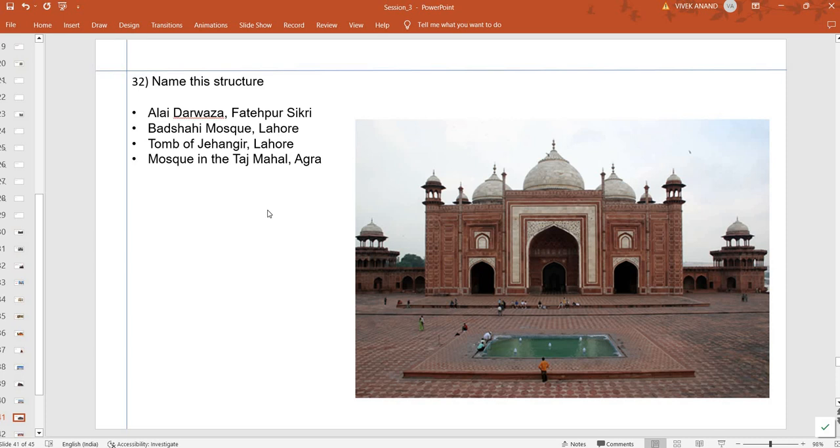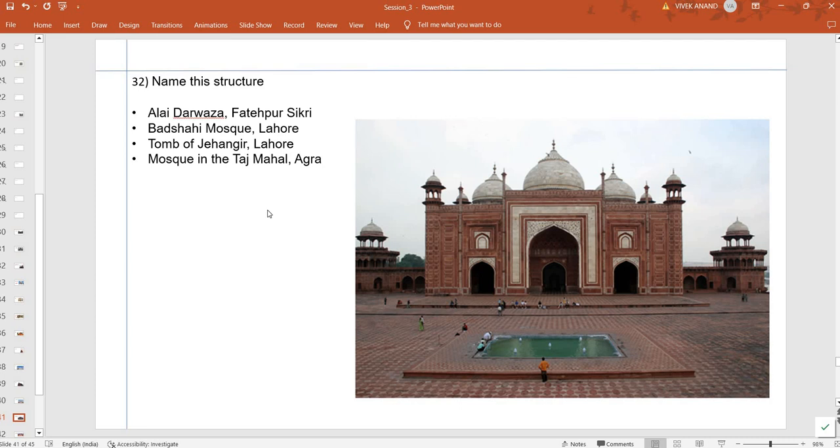Okay. If you look at Badshahi Mosque, what is the prominent feature you will find? Those who have not seen it can search and see.